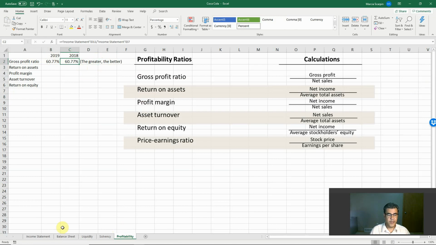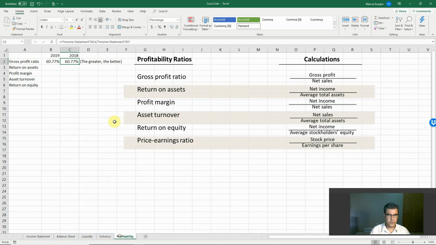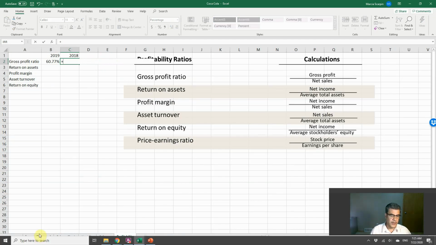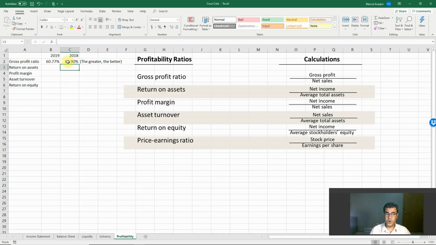And we cannot copy and paste this number here. It's the same one because here we have the vertical analysis. So we are not able to do that. So we need to do our formula again. So gross profit 2018 divided by net sales. So it's a little bit lower, so a little bit worse, but almost the same.